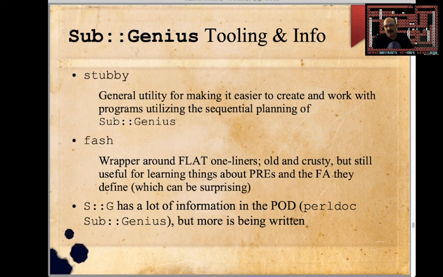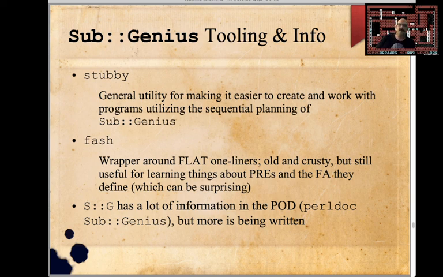So I built into SubGenius the ability to cache PREs, and it happens automatically, much in the same way as inline C will not recompile programs if it detects that the shared libraries created for use have already been generated. So very much a similar approach. I call it pre-caching in the tool. In conversation, I call it compiling because that's what it is.